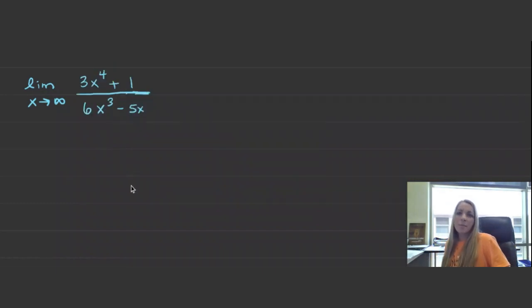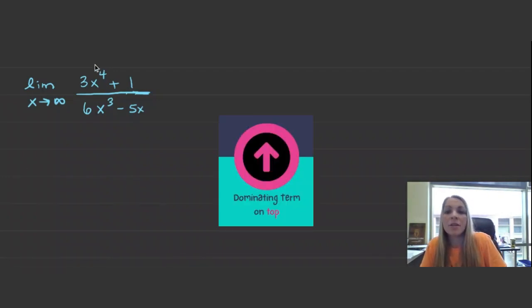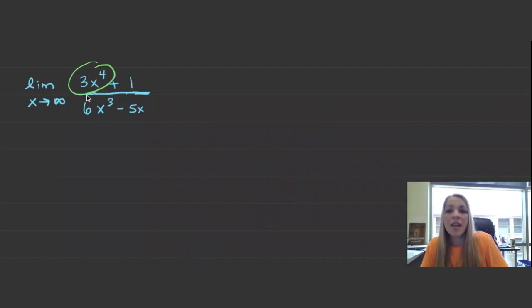Now let's consider something else. What if my dominating terms are not the same on the numerator and the denominator? In this example, my dominating term is 3x to the 4th on the numerator and 6x to the 3rd on the denominator. If I take a look at this and simplify, x to the 4th divided by x cubed will leave me with 1x on top, and 3 divided by 6 is 1/2.